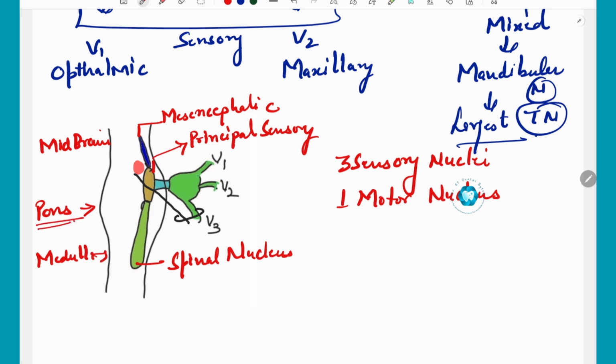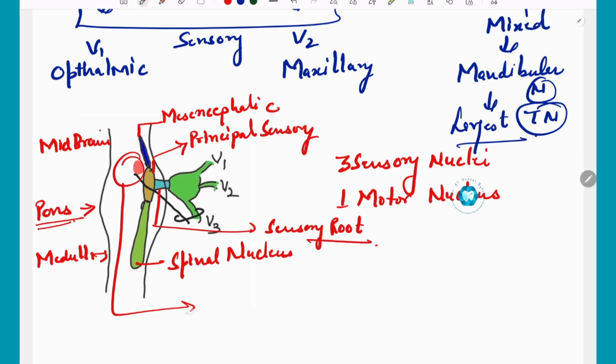At the level of the pons, the sensory nuclei merge to form the sensory root of the trigeminal nerve, and the motor nucleus forms the motor root.